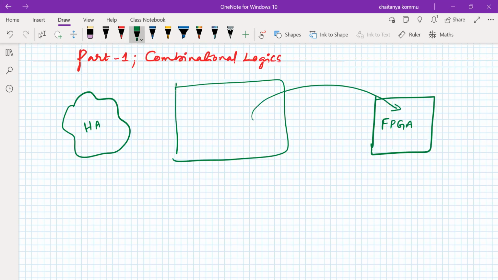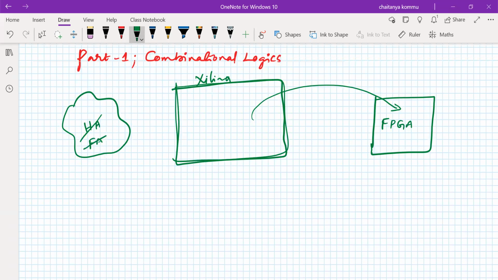Sometimes if you want a full adder, for example, then I design my full adder in software by using the Xilinx software, and I can dump this design into an FPGA. Now the FPGA can act as a full adder.